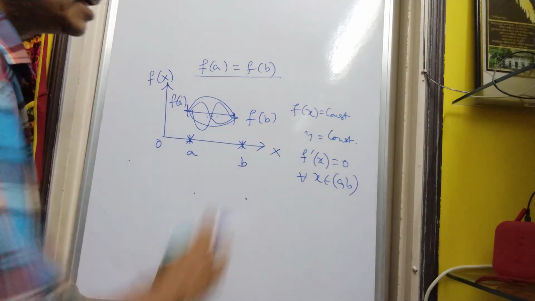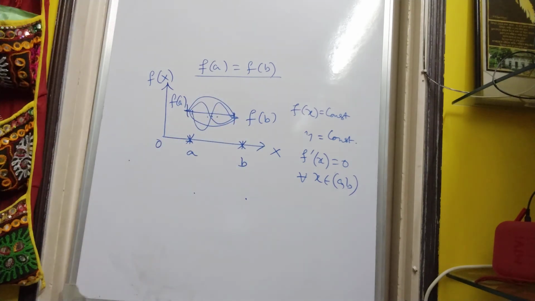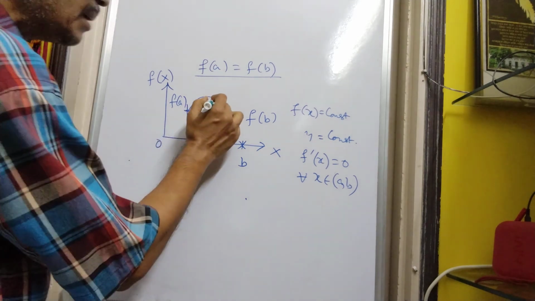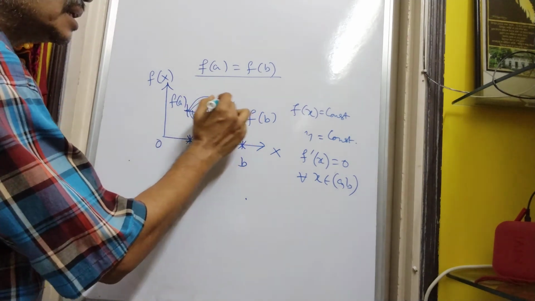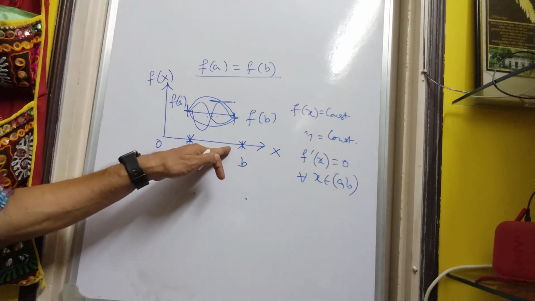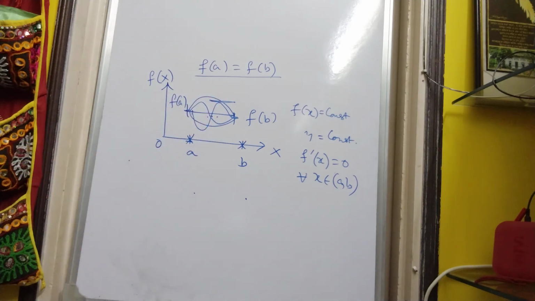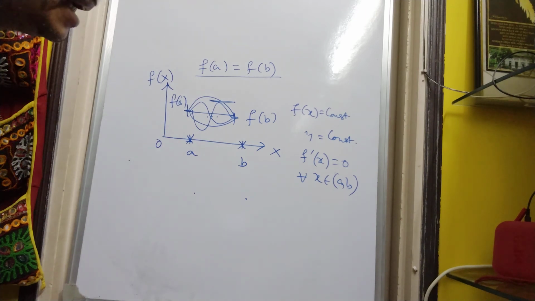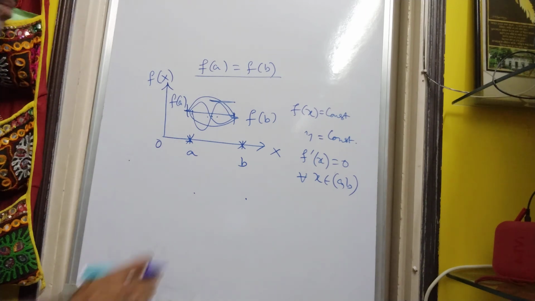And from here we see that there is some point at which the tangent becomes parallel to the x-axis. That means its gradient is 0. Okay, it can easily be established.